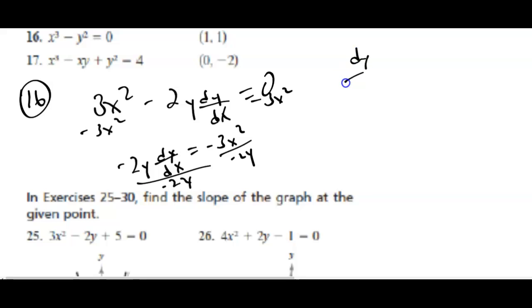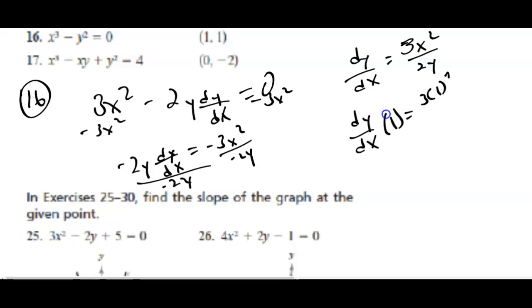So dy over dx equals, negative cancels, so 3x squared all over 2y. And now we just got to plug in 1. 3 times 1 squared all over 2 times 1 equals 3 over 2.